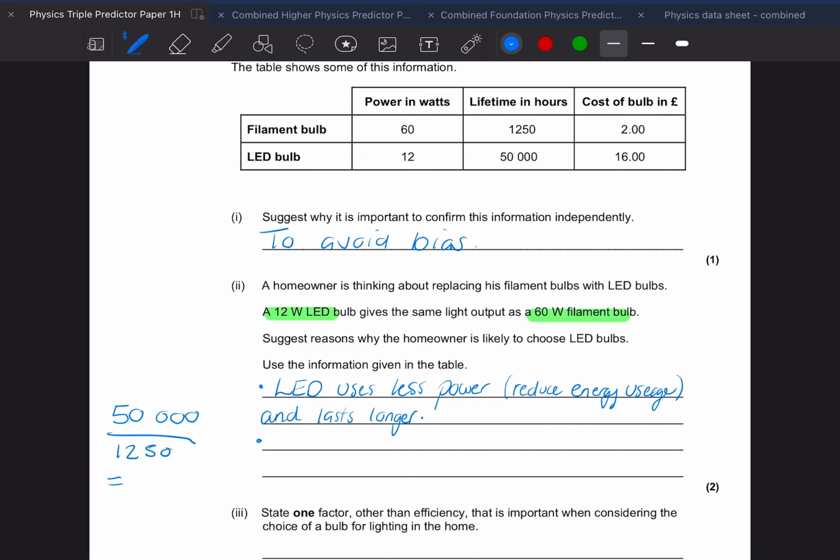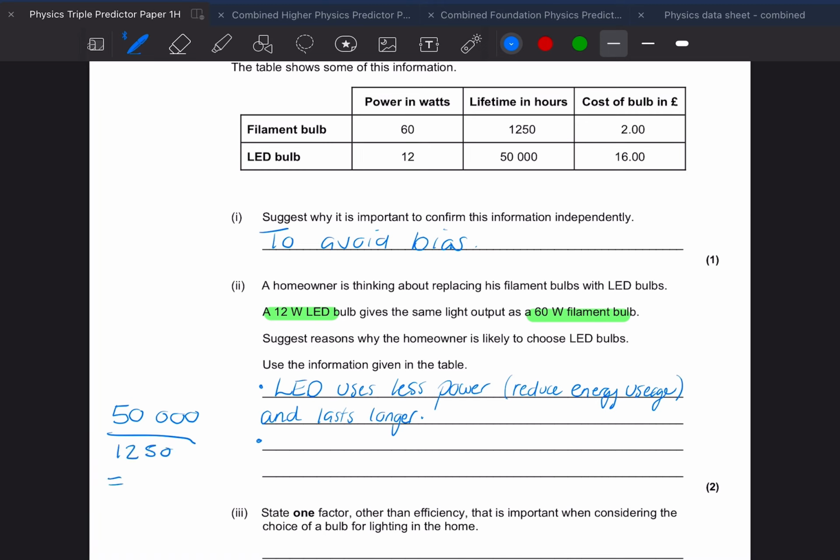So we would have to replace the filament bulb 40 times, which is going to be £80 to get the same lifetime as one LED bulb, which is £16. So the cost over the lifetime of the LED is less.